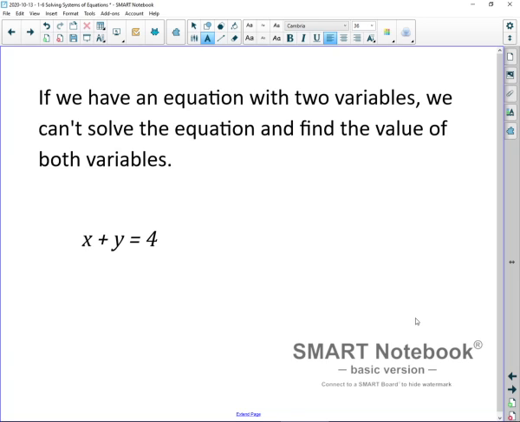If we want to get to a very specific case, we have to have more information, or more of what are called constraints. So we talk about constraints. Constraints are just the things that have to happen in order for this situation to work. So in this case, if we have just x plus y equals 4, that's not enough information.